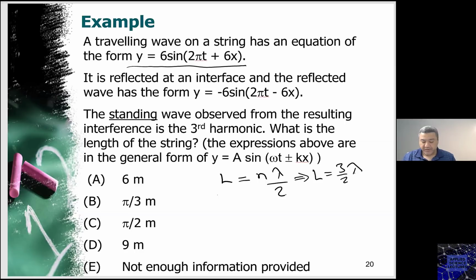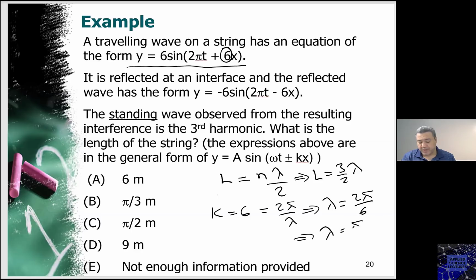And here, what is lambda? I have k equals 6. And I also know that k is 2 pi over lambda, which means that lambda is 2 pi over 6, or lambda is pi over 3.